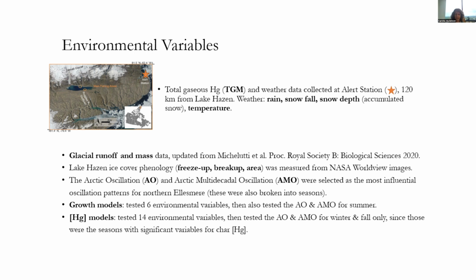So for Lake Hazen, we found that the Arctic oscillation and the Arctic multi-decadal oscillation, similar oscillations that occur on different time periods, were selected as the most influential for this area. And so those are our environmental variables that we used to model first growth and then mercury concentration in both morphotypes of our Arctic char.